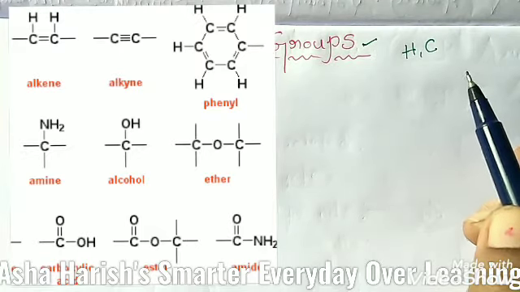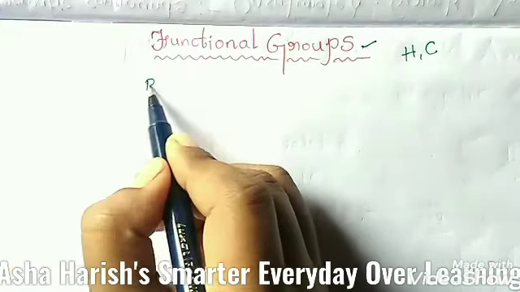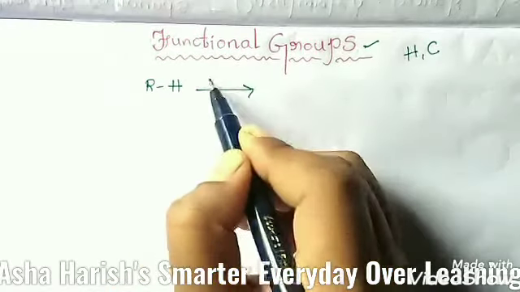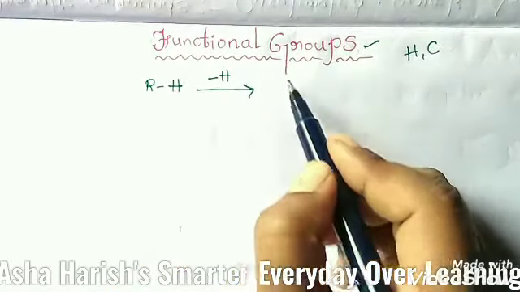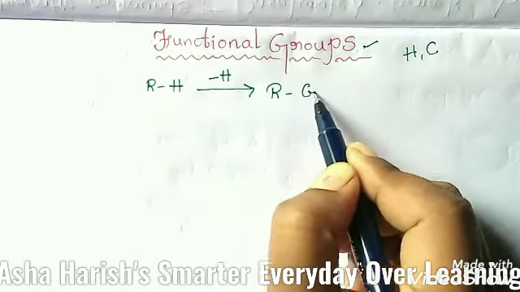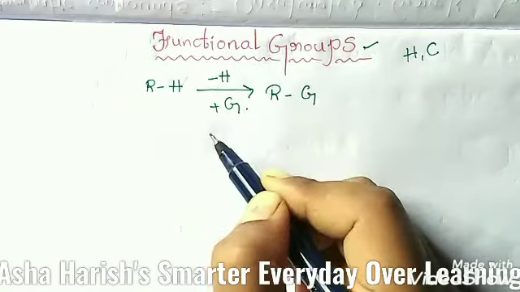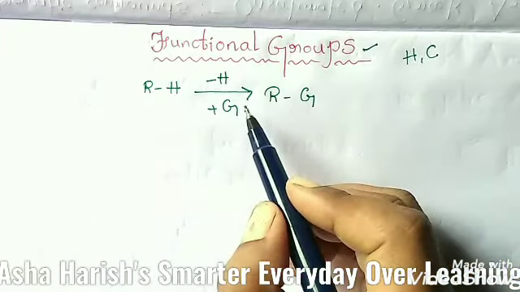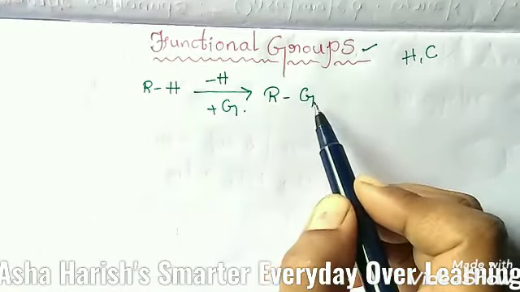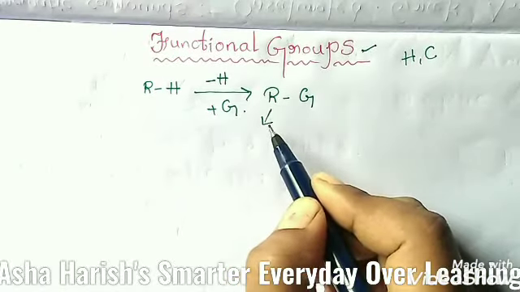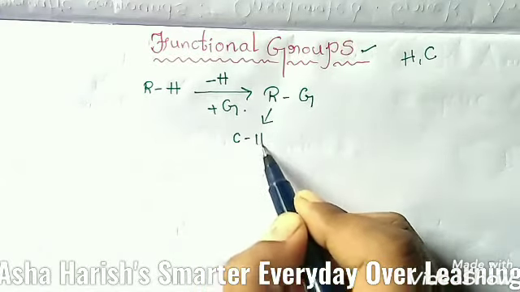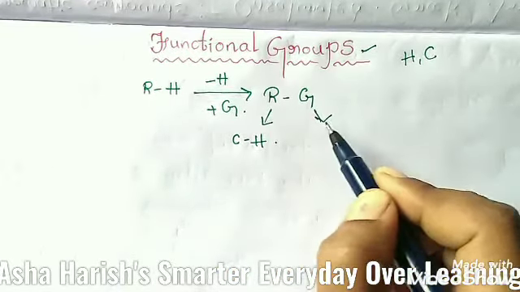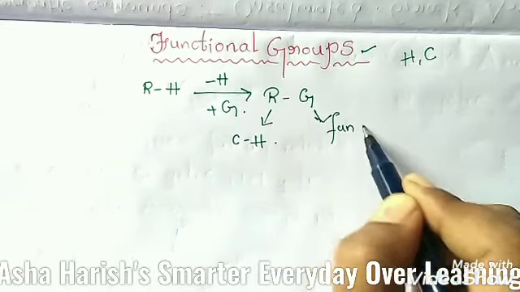You can see an example of this. Suppose a hydrocarbon R-H, and from this if you remove one hydrogen, you get R plus G. Thus each organic molecule consists of two parts, R and G. The first part, R, denotes the carbon-hydrogen framework of the molecule, while the second part, G, is called the functional group.